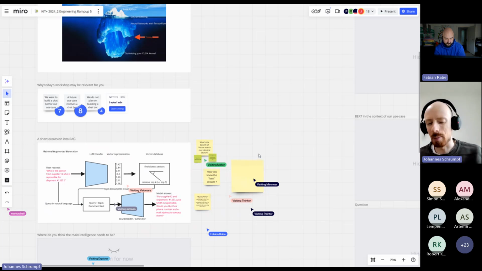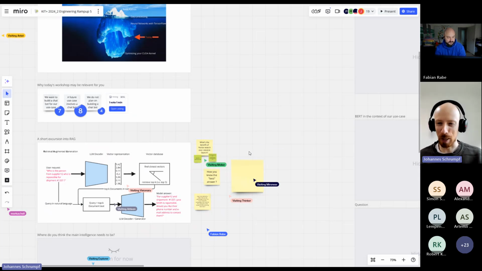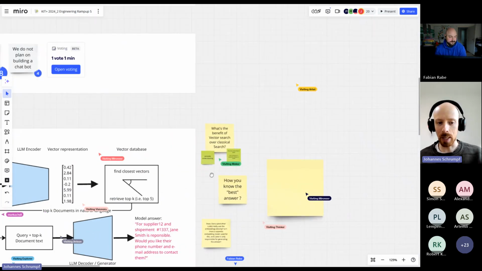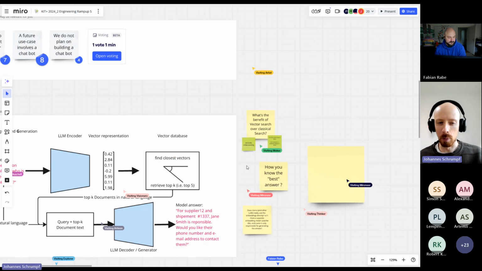And maybe this will get a little bit more understandable when we talk about BERT later. BERT will be our large language model encoder for today's session. And there it might get a little bit more intuitive how these vector representations of sentences relate to the real world.